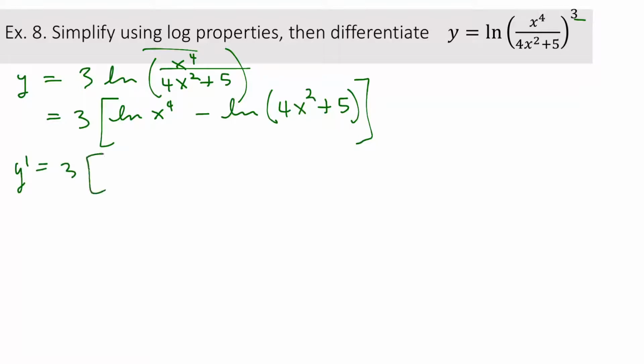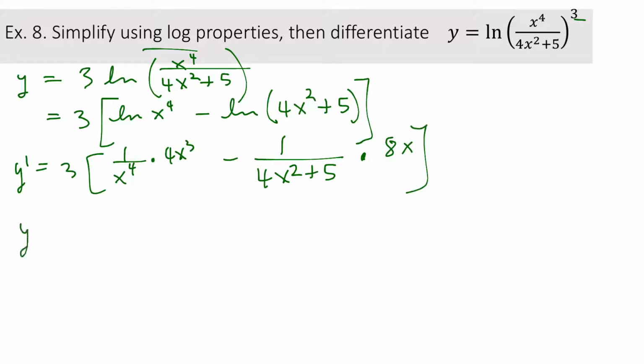So this is 1 over, and then take the derivative of x to the 4th. This is 1 over, take the derivative of 4x squared plus 5. That would be 8x.